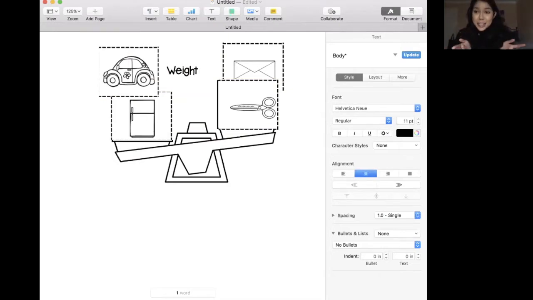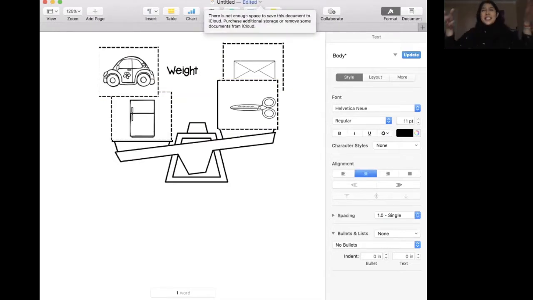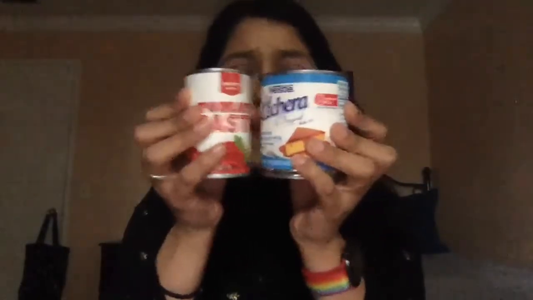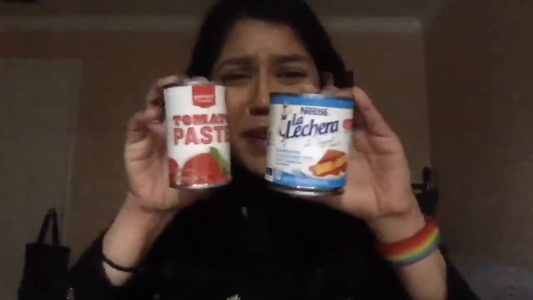The next attribute we're going to review is width. For width, I have a can of condensed milk and a can of tomato paste. They are about the same height. They're not tall, they're not short, they're just about the same height.